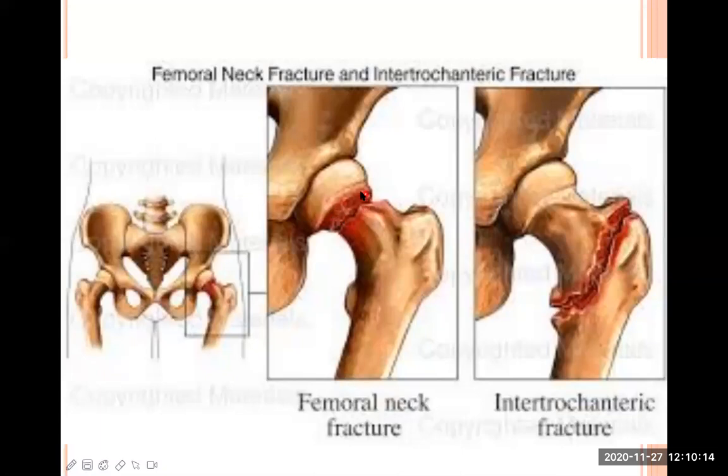This is subcapital because it is right below the head. Wonderful. Subcapital type of femoral neck fracture. And it is already written here, intertrochanteric fracture. See this? Right through the two trochanters, greater and lesser. So this is intracapsular. This is extracapsular.